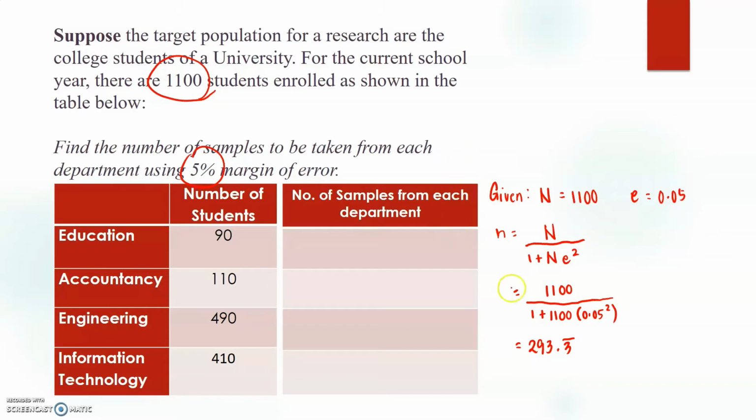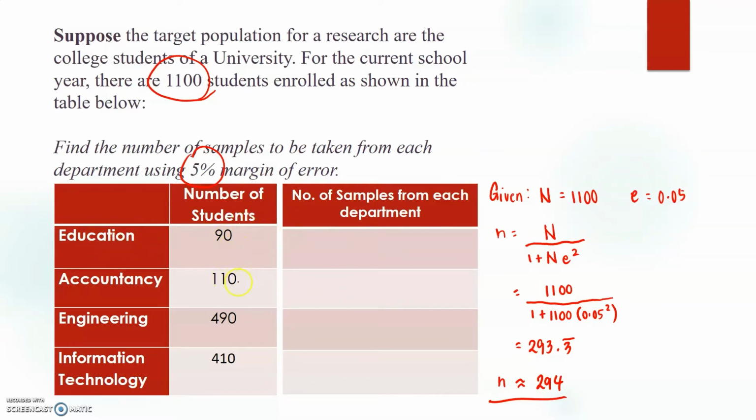So our number of samples to be taken from the population of 1,100 is 294. This will be the number of samples that we should get from the population, which is equal to 1,100.